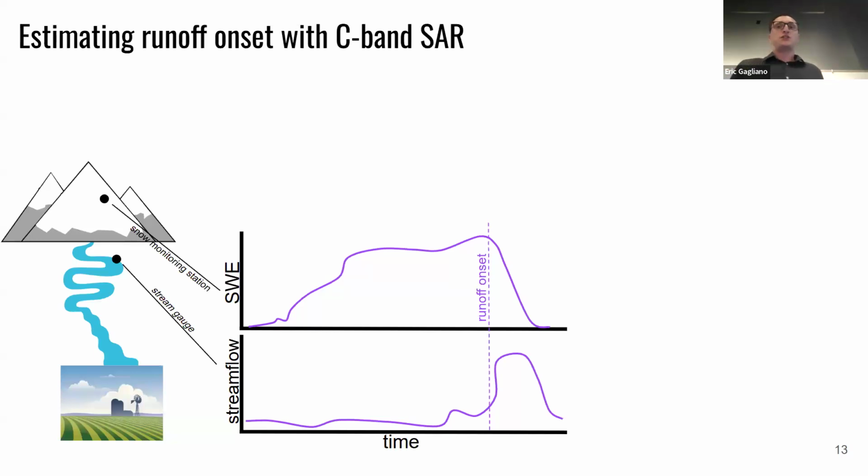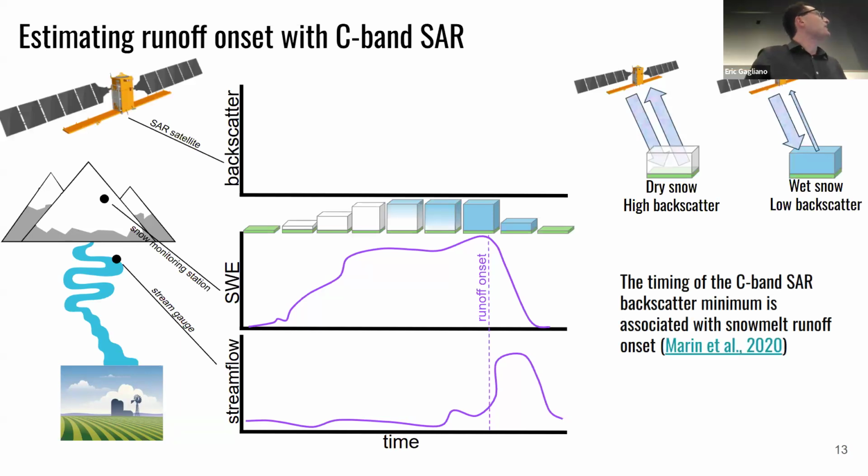Okay, so returning to the illustration of the snow monitoring station. Now that we know that with dry snow, we're going to have high backscatter, and with wet snow, we're going to have lower backscatter, we can look at a single point and see that whenever the snow starts to get wet, in this conceptual diagram, you'll see backscatter hits its minimum because the most amount of water is in the snowpack.